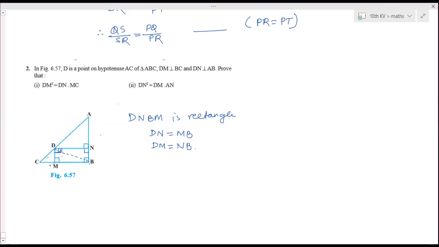How can we prove? Ma'am, angle DMC is equal to angle DMB. It's 90. After that, DM common. Equal congruency we are not proving. Similarity. Yeah, I forgot. This is on the hypotenuse. This is not perpendicular.